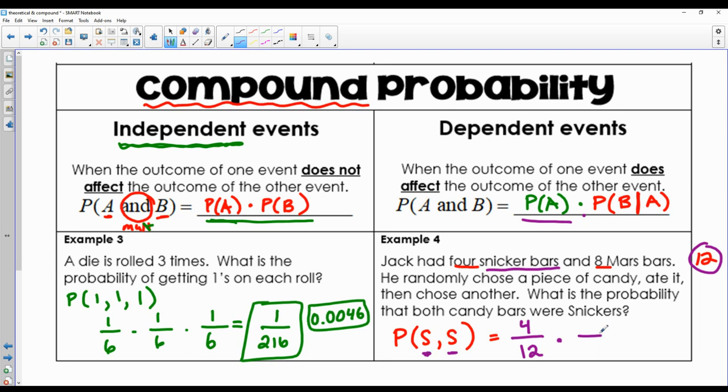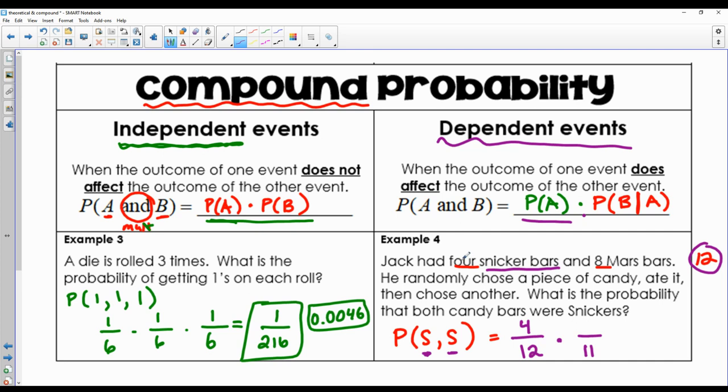Now, here's where the dependent is a little different because he doesn't have 12 candy bars anymore. Remember, he just ate a Snickers bar. So how many candy bars does he have now? There's only 11 candy bars because one of the Snicker bars is already gone. Okay, and then we want the probability that he chose B. So there were 4, but remember, we're assuming he already ate one.